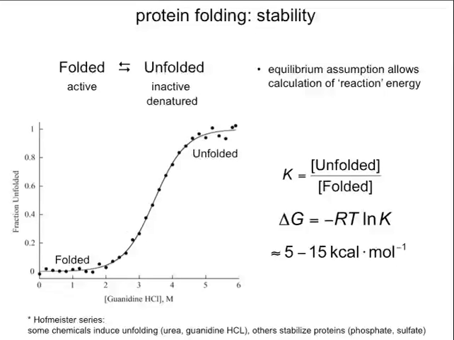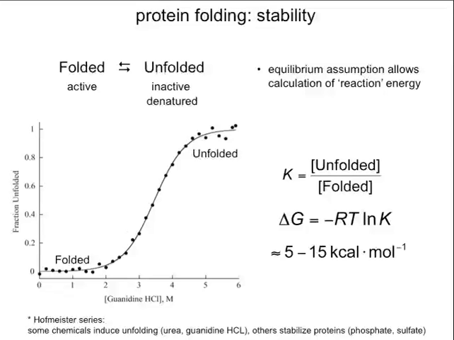Some chemicals induce unfolding. They destabilize the protein. Urea and guanidine are good examples of this. Other salts stabilize proteins. Phosphate, sulfate, etc. So you could imagine doing a chemical denaturation in the presence of sulfate, and you would be stabilizing the molecule in some way instead of destabilizing.